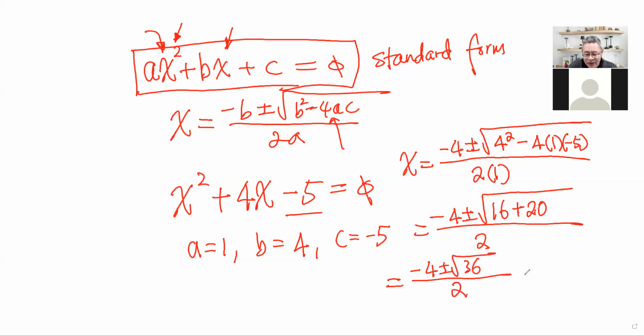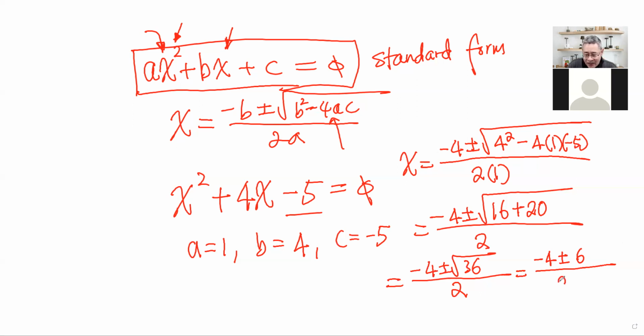And the square root of 36 is 6, because 6 times 6 is 36. That's our square root.